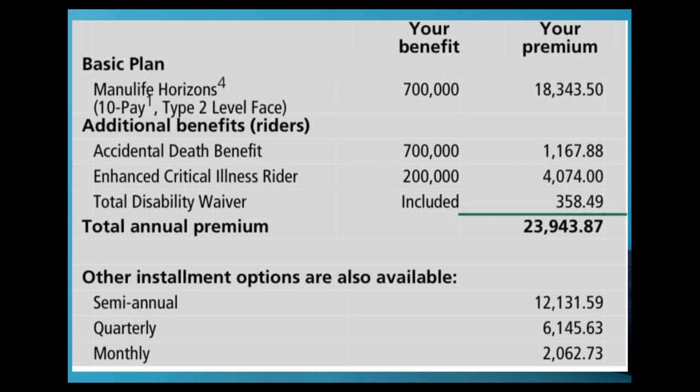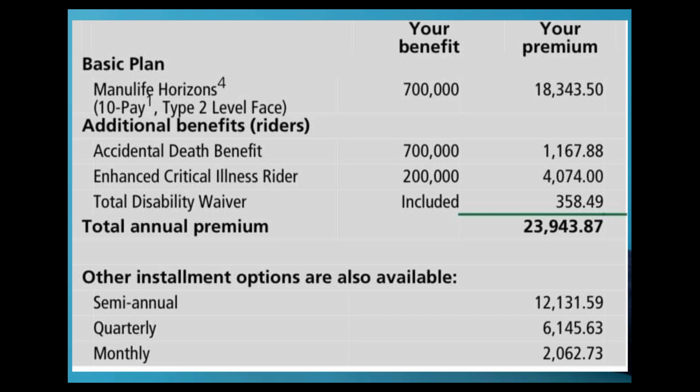So back to this illustration. As you can see, for this 34-year-old client, she wants to put 18,343.50 for investment, and for the insurance, 1,167.88 will go to the accidental death benefit, and 4,074 pesos for the enhanced critical illness rider.